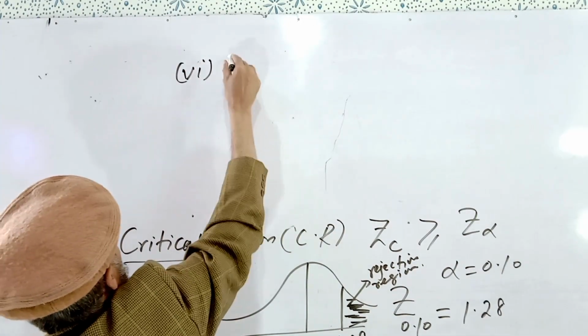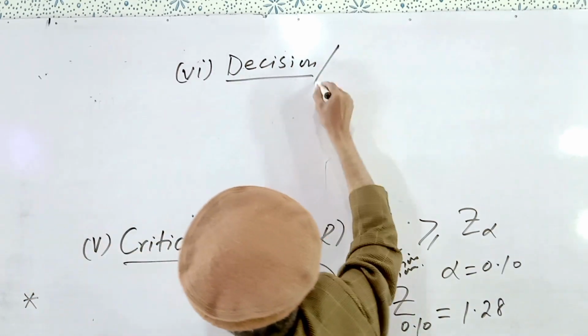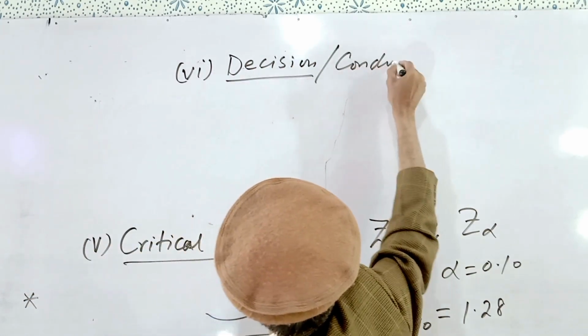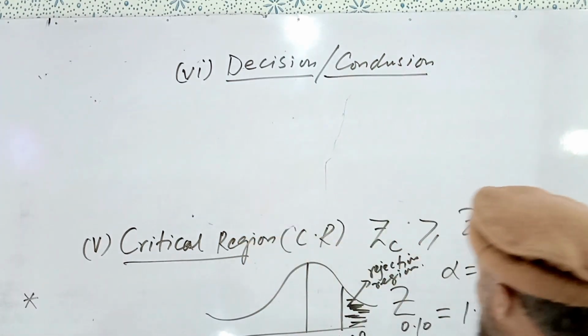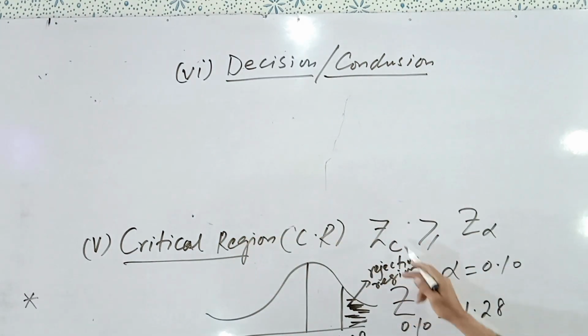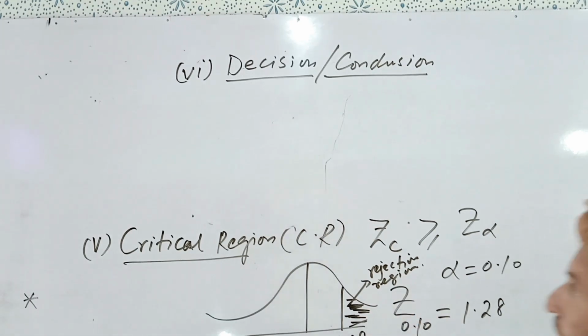Sixth step, decision or conclusion. Since the Zc value 1.29 lies in the rejection region, we reject H naught.